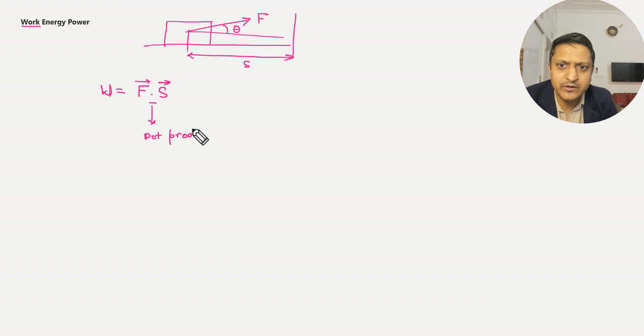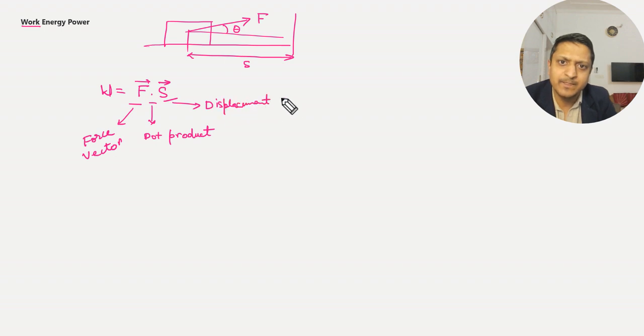If you are good at vectors, you must know that this dot is a dot product, and this F is a force vector, whereas this S is another vector, the displacement vector. F is a vector, S is a vector, but work is a scalar quantity.